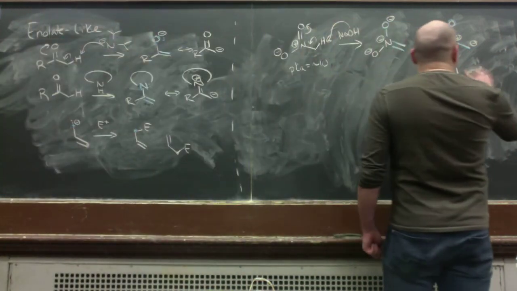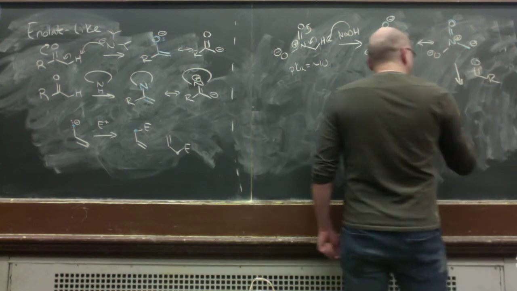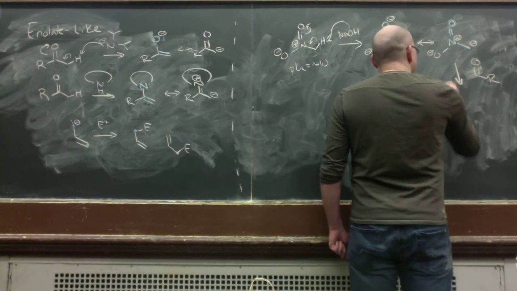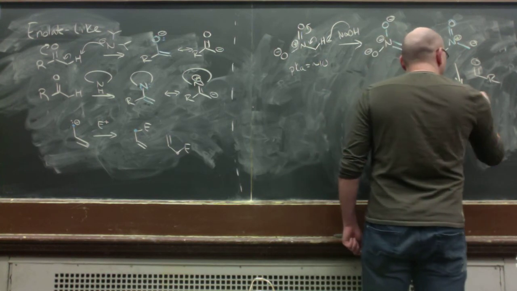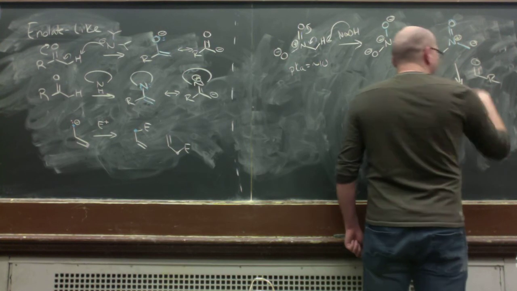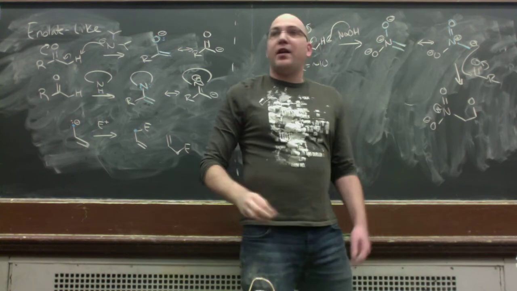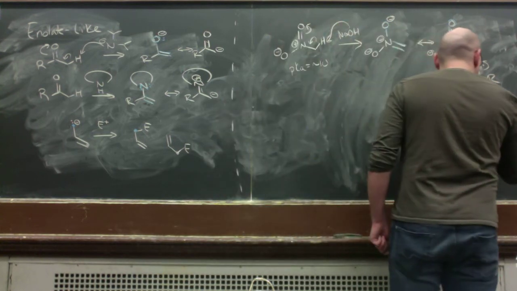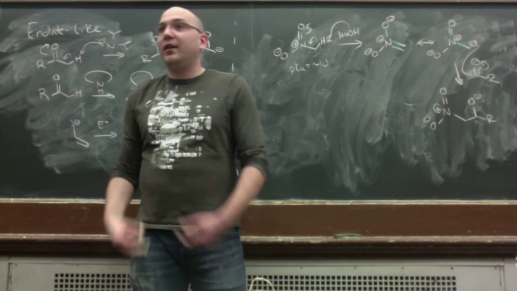And so if that electrophile is, say, an aldehyde, right, we're going to just add in, and we'll have the alkoxide. And what do we do at the end of the reaction?